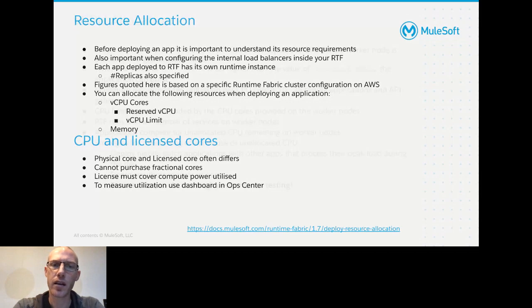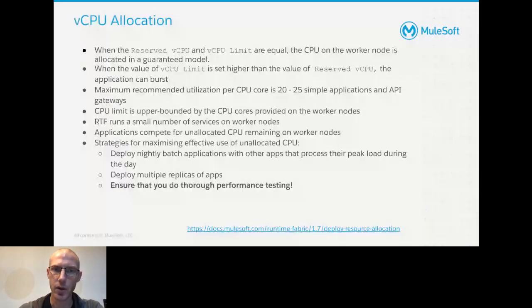There is, however, another model whereby you can specify the vCPU limit to be higher than the reserved vCPU. That essentially enables the concept of bursting on the CPUs on those nodes. So the containers you've deployed in a bursting fashion can burst up to either the vCPU limit value or the amount of unreserved vCPU on the worker node, whichever of the two is less.